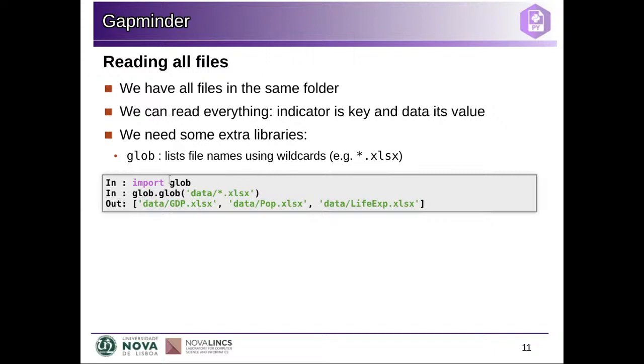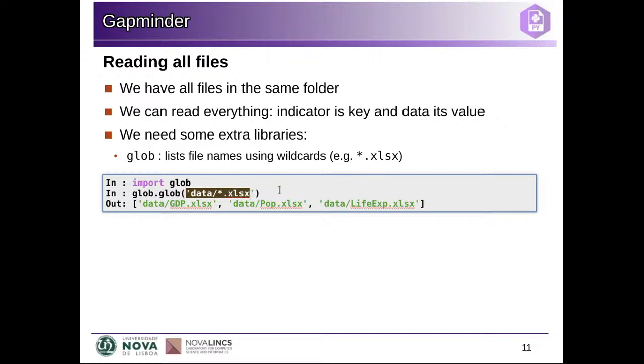To do this, the glob module is very useful, so you can import the glob module. This module has a function also called glob, that returns a list of all the files that match some template that you specify. For example, I want inside the data folder all the files with whatever name and the extension XLSX.